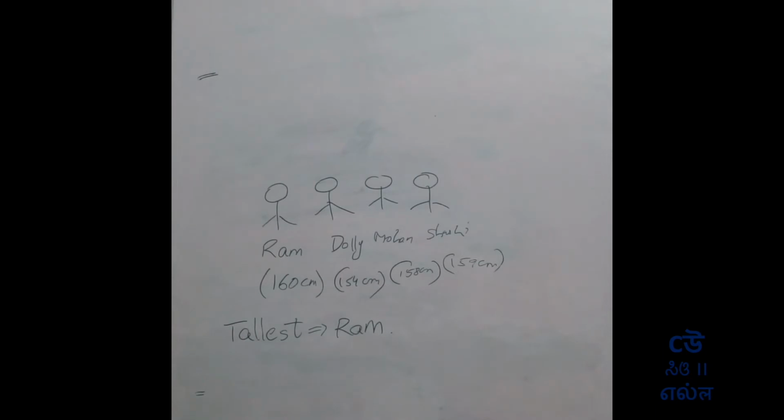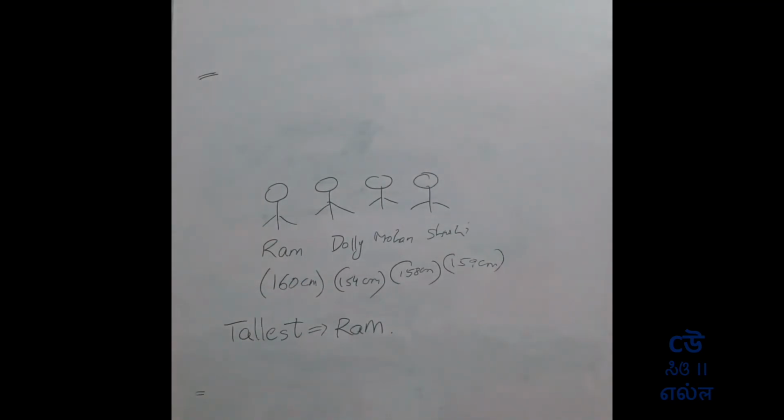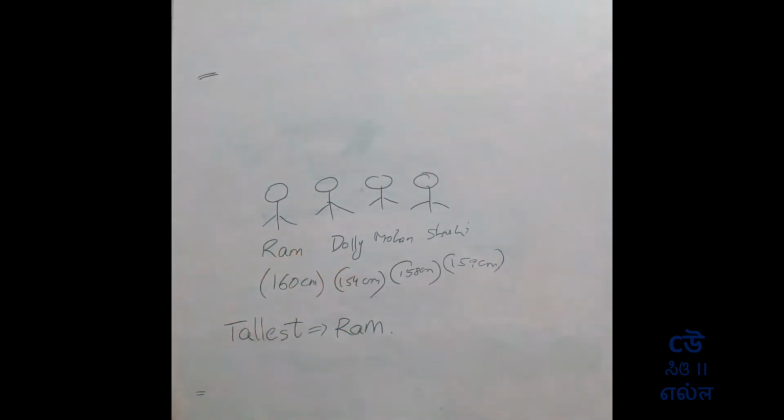Then the next is, who is the shortest? Who is the shortest among these four people? Ram, Dolly, Mohan, Shashi. So the smaller number among these four numbers is 154. Whose height is 154? Dolly's height.